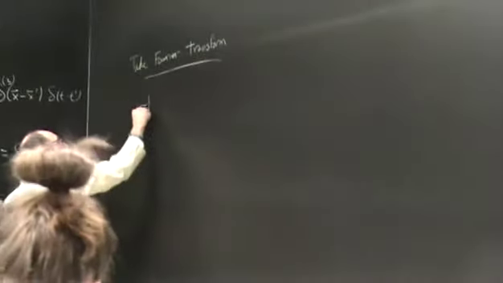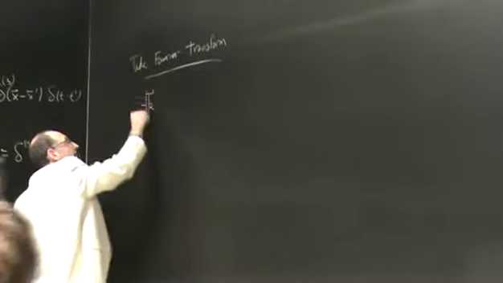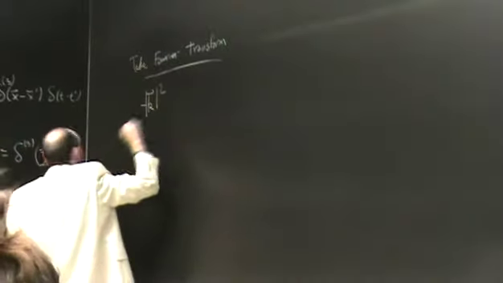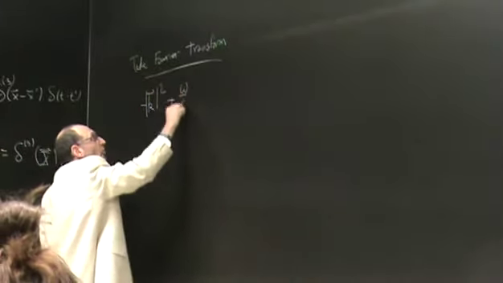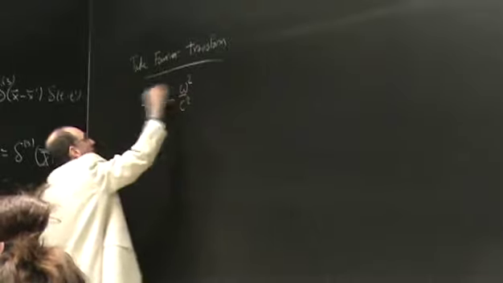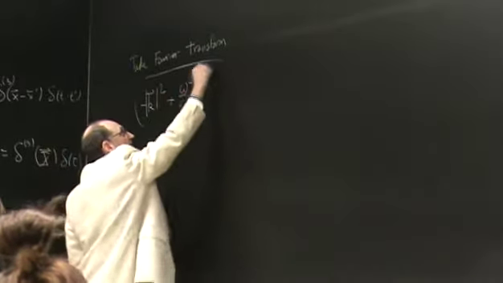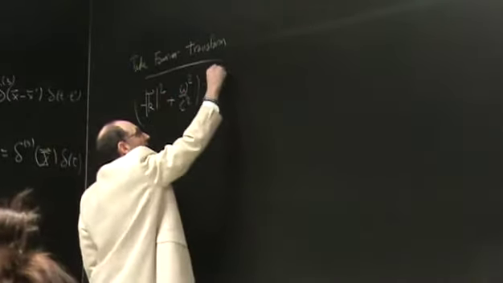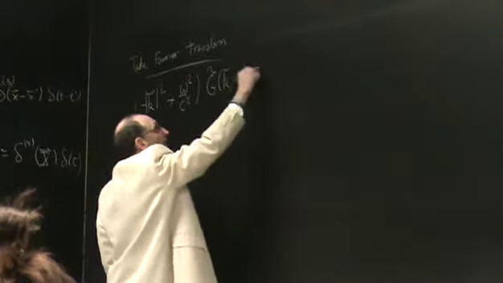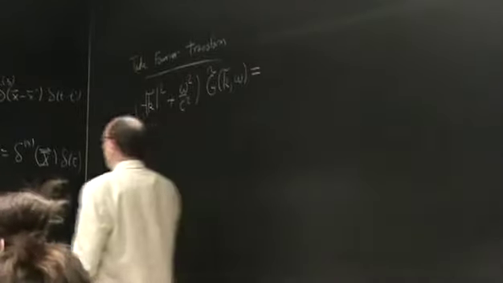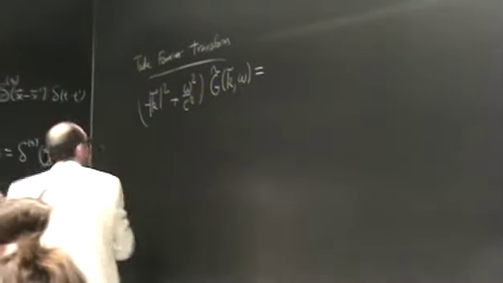And thus we get minus k squared plus omega squared over c squared times g tilde of k and omega is equal to the Fourier transform of the delta function.